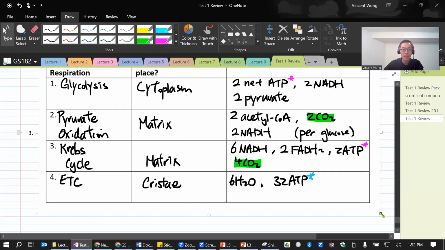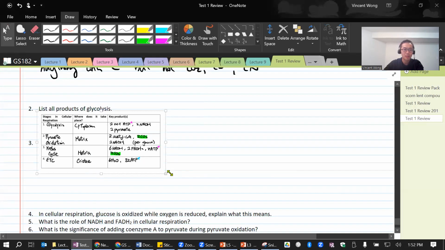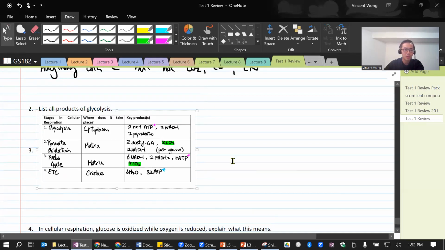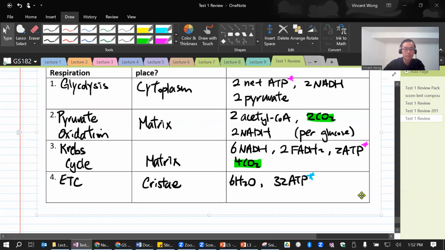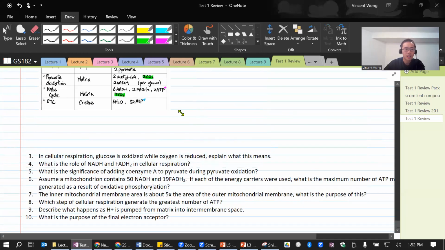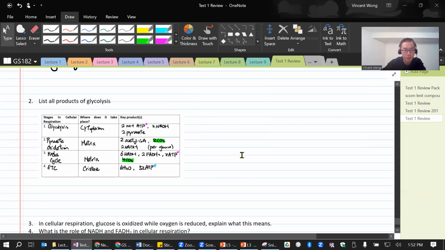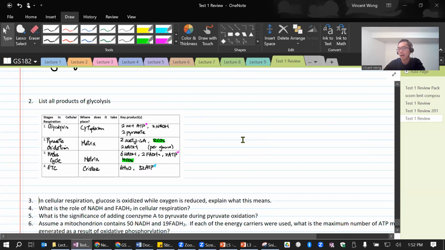I know the question only asks for glycolysis, but really, you want the rest of them, right? Glycolysis involves the splitting of glucose into 2 pyruvate, and along the way, you're able to make some ATP through substrate level phosphorylation, and you pick up some electrons, right?